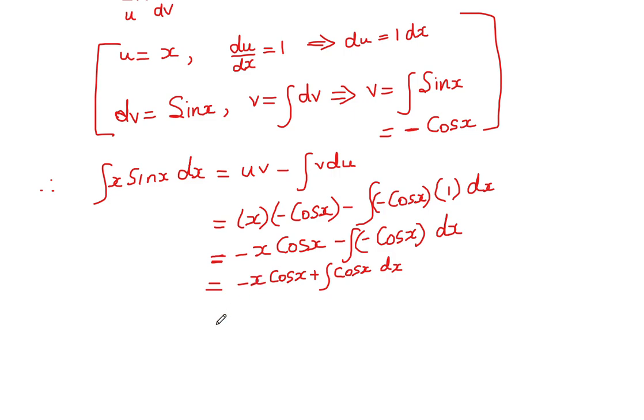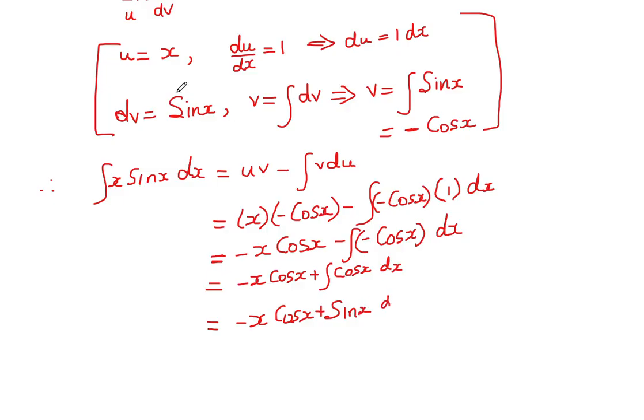So this is shaping up very nicely. So I now have the negative x cos x plus the integral of cos x. So all we need to do now is to integrate cos x here. When we integrate cos x, we're going to get sin x.